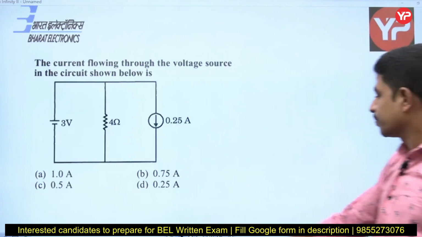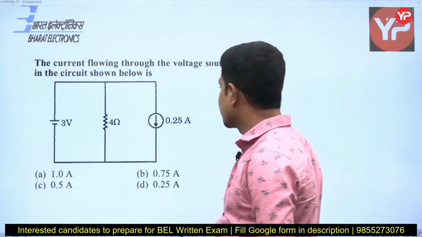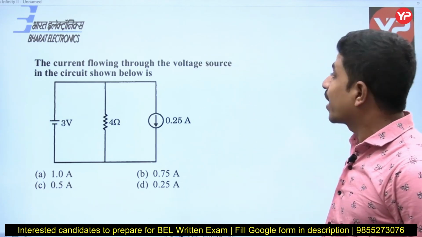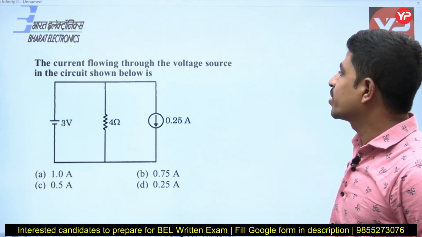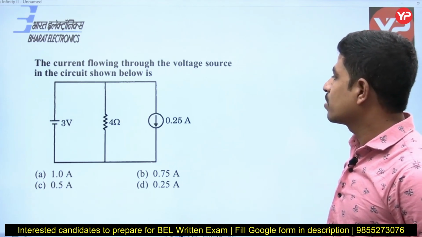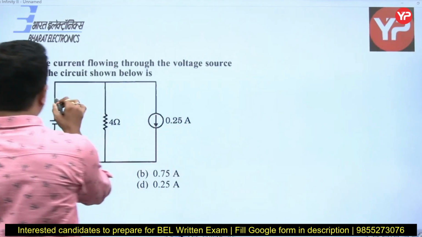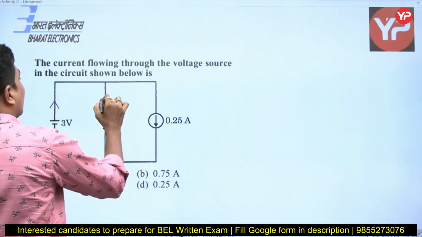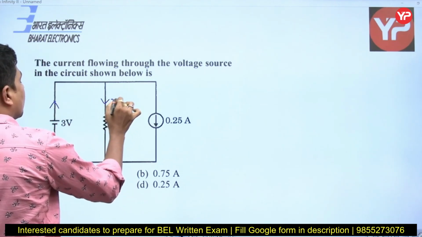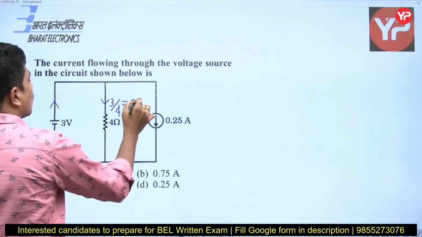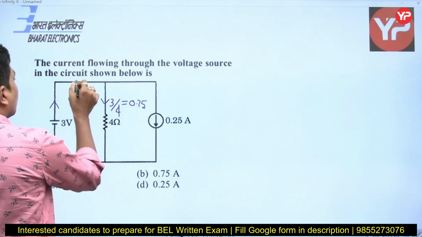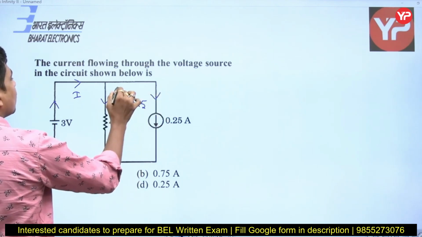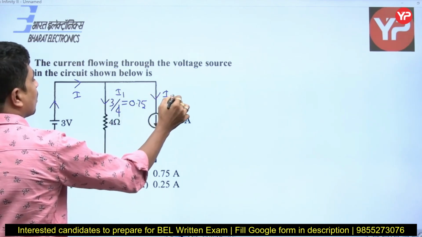Next question please. The current flowing through the voltage source in the circuit shown below is asked. First of all, these two are in parallel. This current is 3 by 4, which means 0.75. Now this current we don't know; let's take it as I1 and this one as I2.